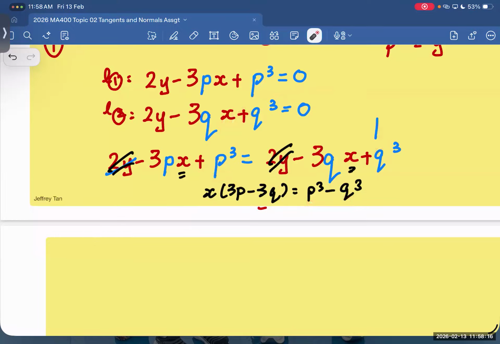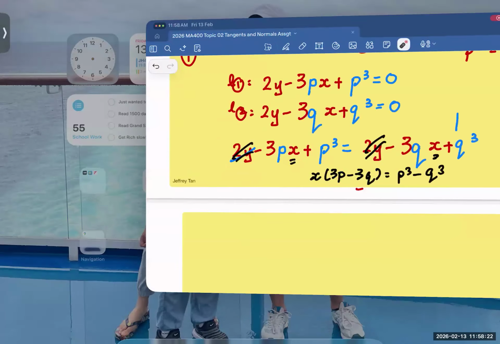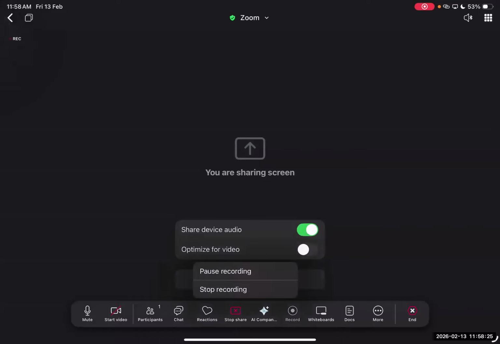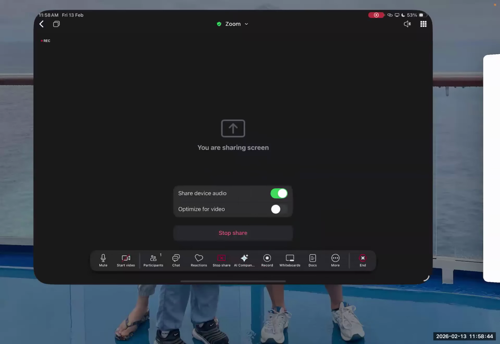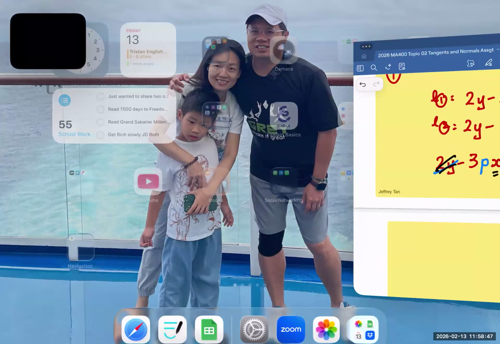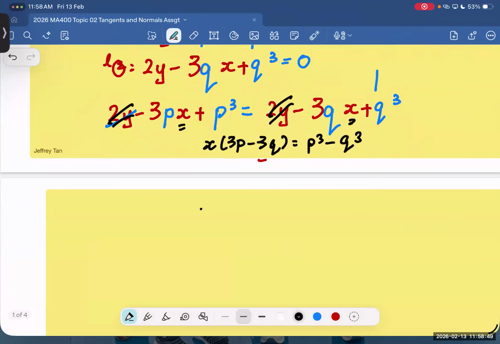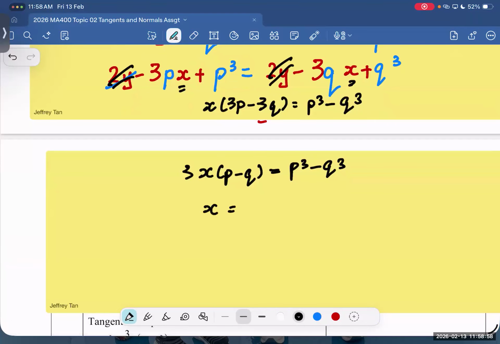After this part, what comes into the picture, you will be happy to hear, is factorization of cubes. Next, can I say that 3x times p minus q is p cubed minus q cubed? And therefore x is p cubed minus q cubed divided by 3 times p minus q.